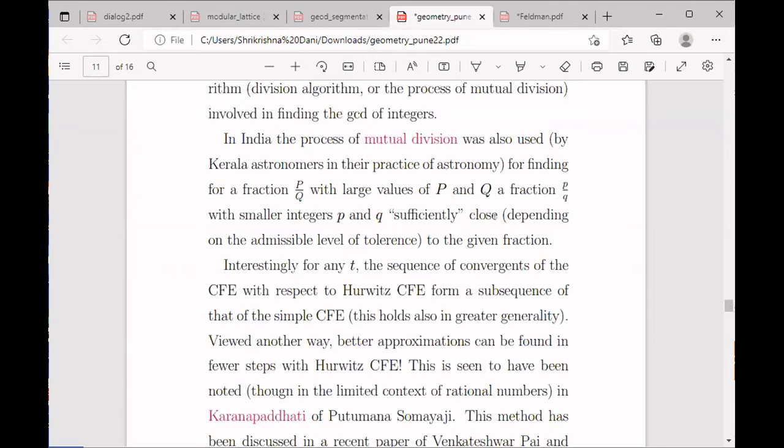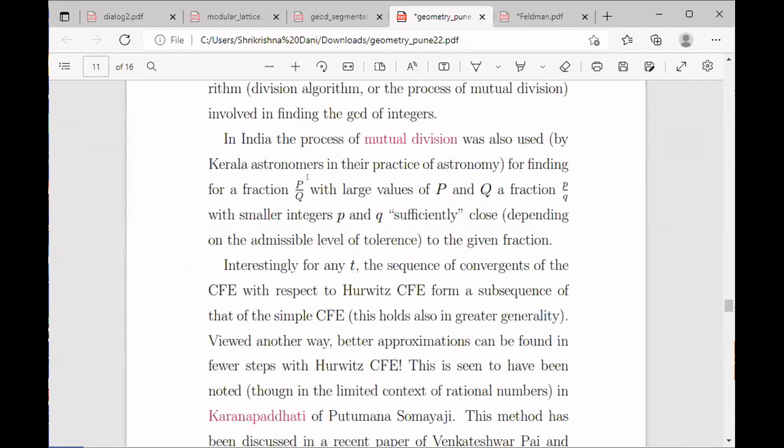Even if you take a rational number of this form and do its continued fraction expansion, the original expression may be a long string, but the truncated ones are going towards that, so they are approximating that.